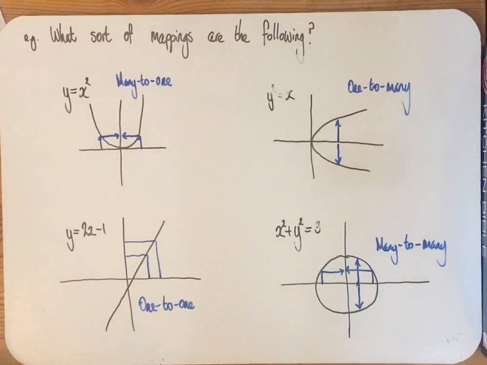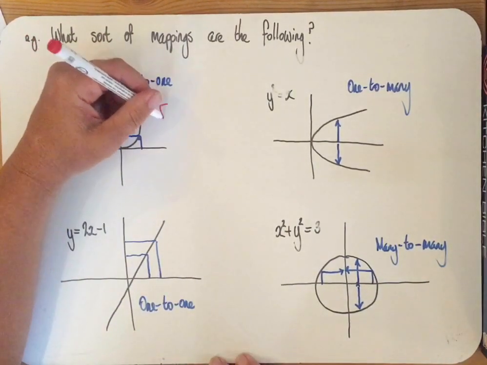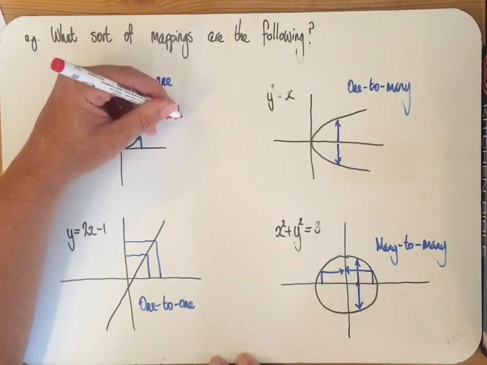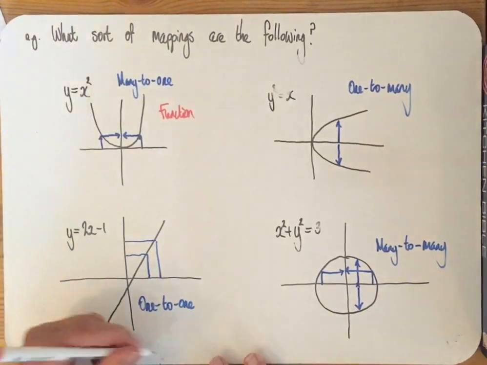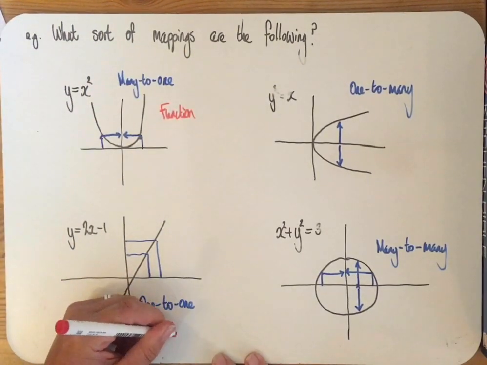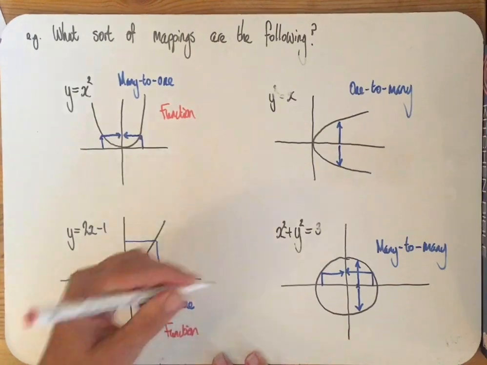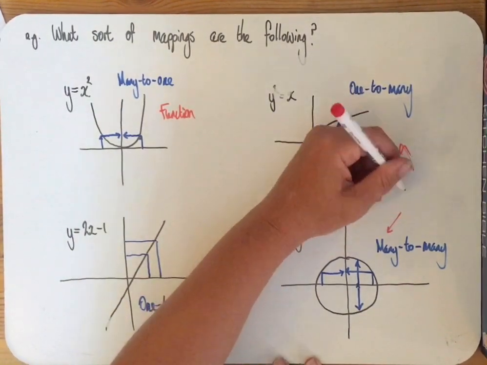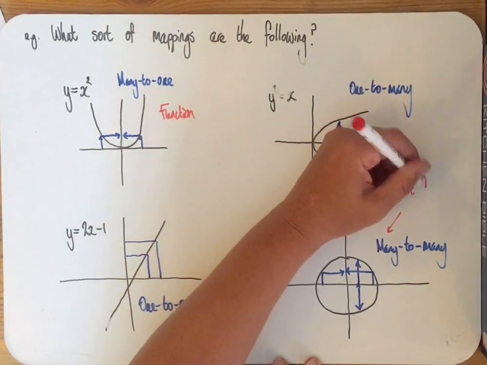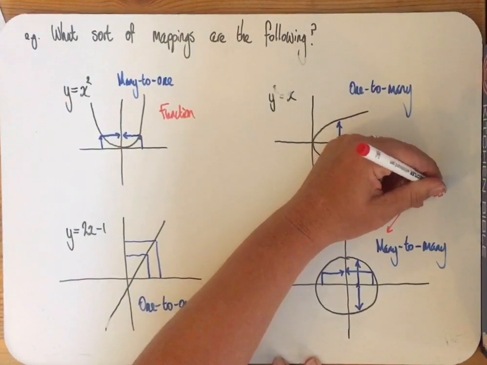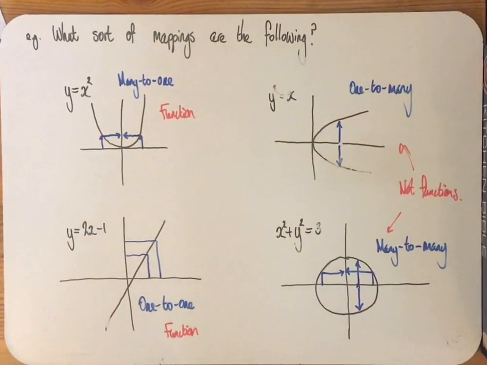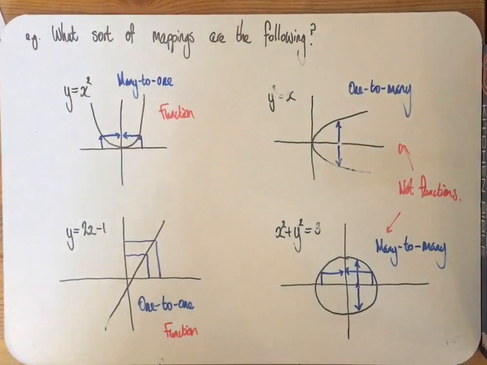So technically, y equals x squared is a function, y equals 2x minus 1 is a function, but these two are not functions. And I'll give you a few questions on that, just so you've got the idea.